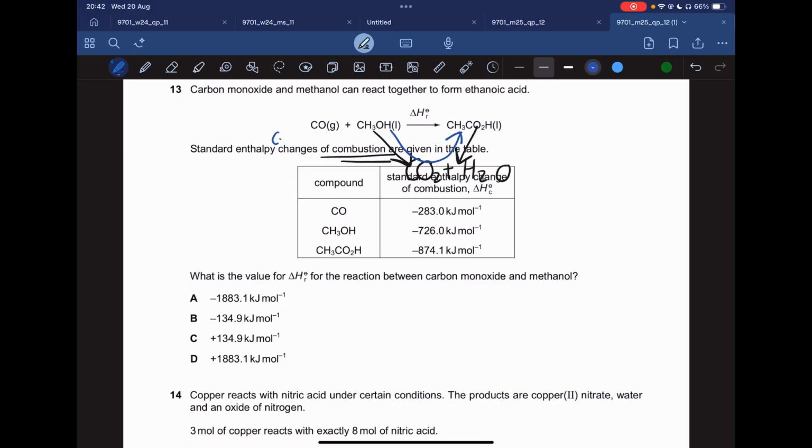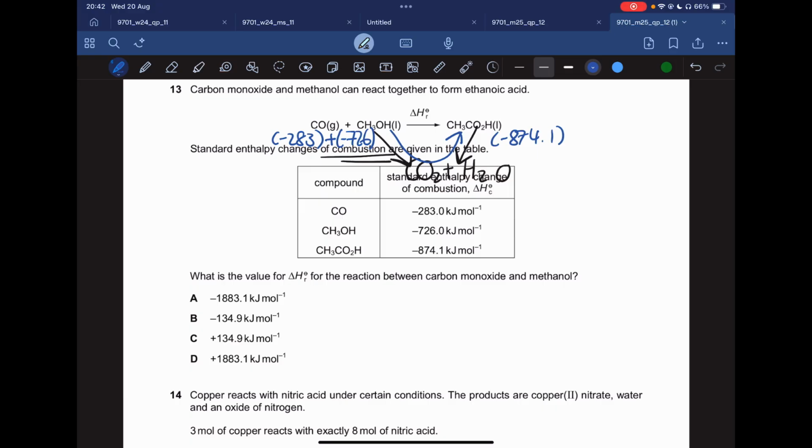Carbon monoxide here is negative 283 plus negative 726. On this side, it is negative 874.1.